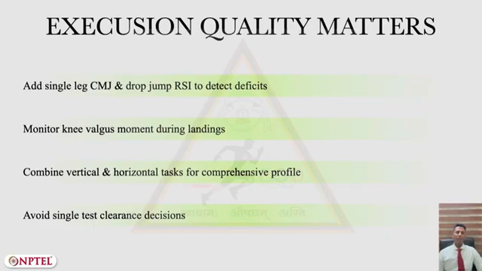Combining vertical and horizontal tasks ensures comprehensive assessment of both linear and multiplanar function. Finally, avoid making clearance decisions based on a single test. A robust battery combining strength, hop, balance, agility, and psychological measures is essential.